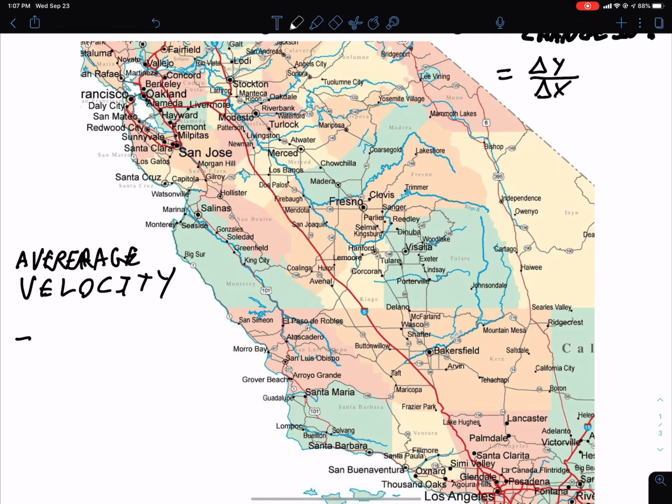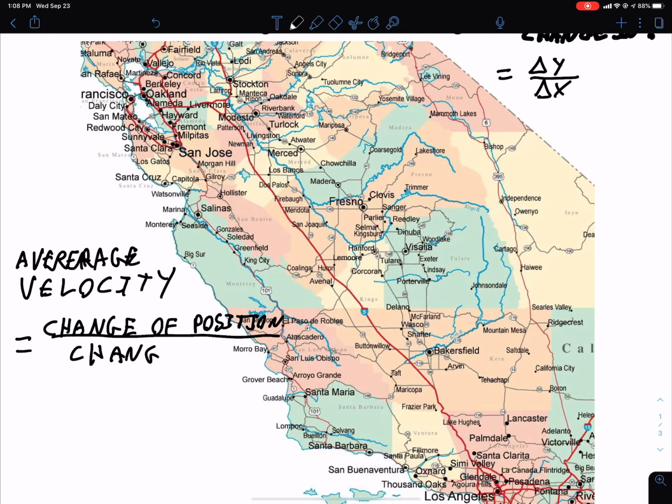So if I say average velocity, what is that? So average velocity is actually the change in position. So you want to know how much your position changed from when you started to when you ended. So you want to know how much your position changed compared to change of time. And we could write that as delta.